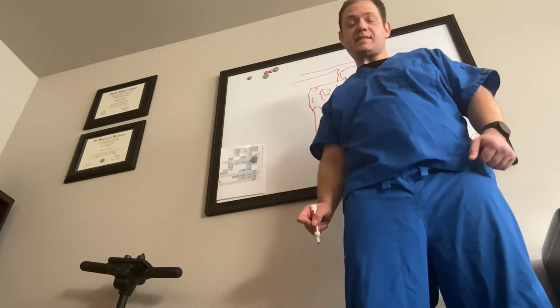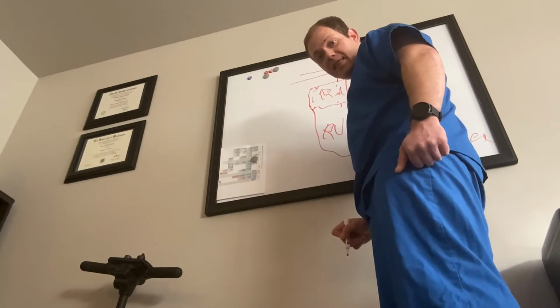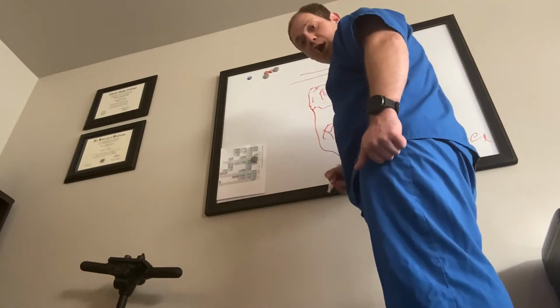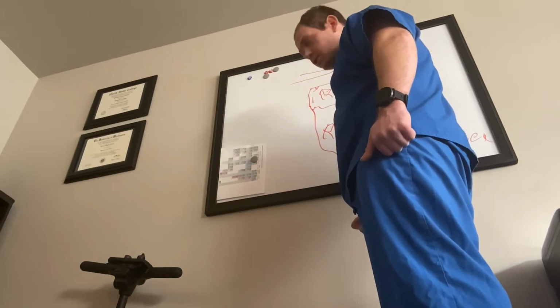Pulmonary veins drain into the left atrium. So we'll put little dots there, which bring oxygenated blood back to the heart.